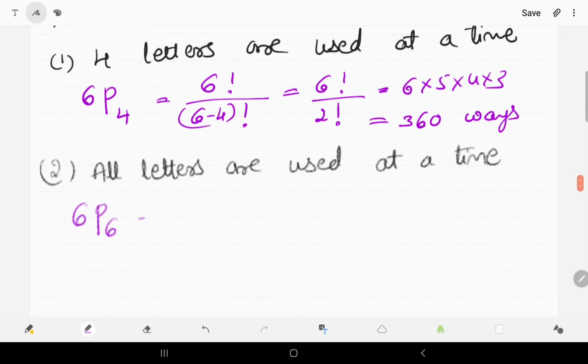Because all 6 letters are there and we have taken all at a time, that is 6 factorial divided by 0 factorial, that is 6 factorial, that is equal to 720 ways.